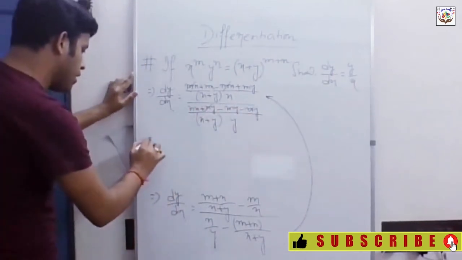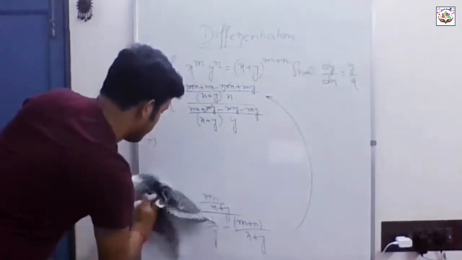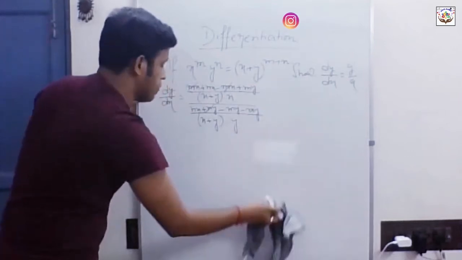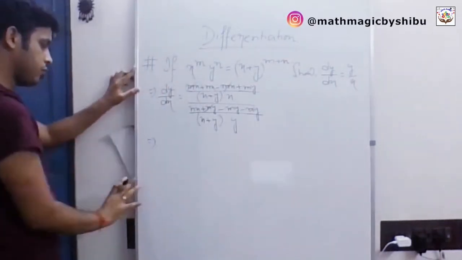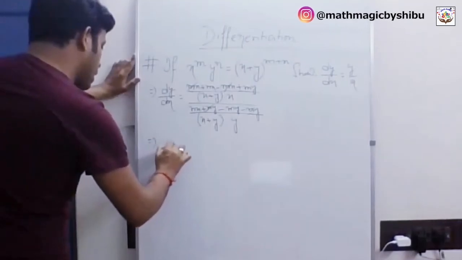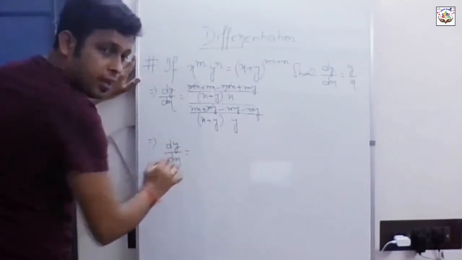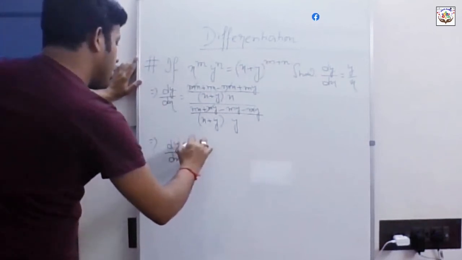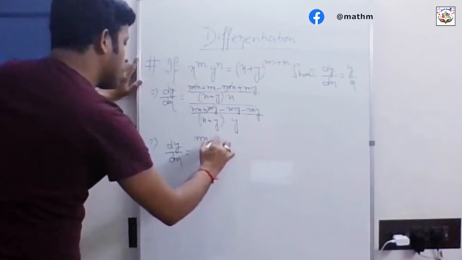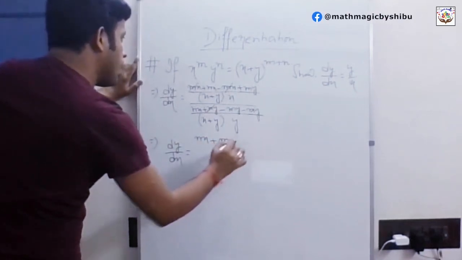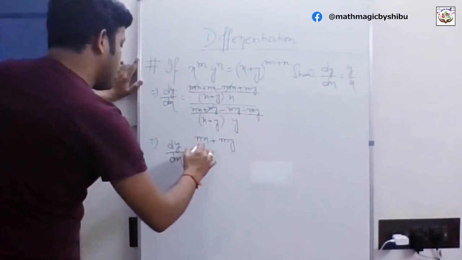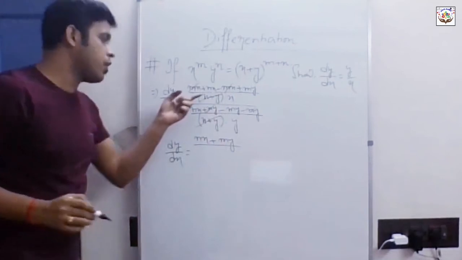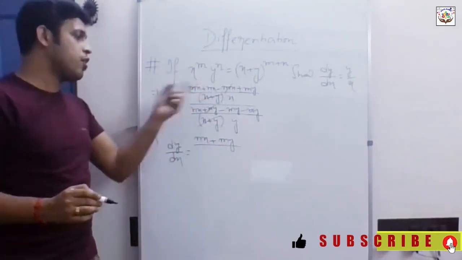So what is remaining? dy dx would be, in the numerator, nx minus my, and we can cancel out this x plus y from both the numerator and denominator.